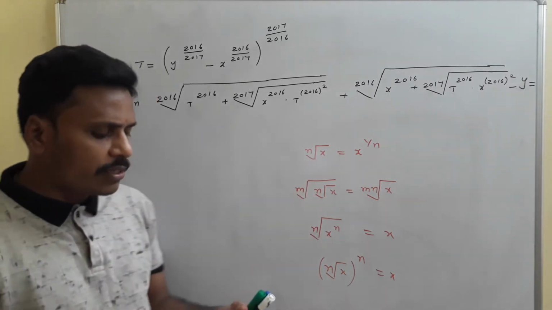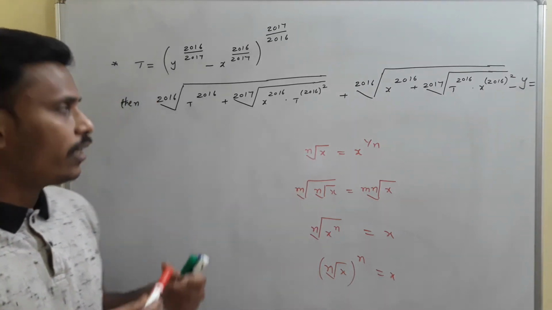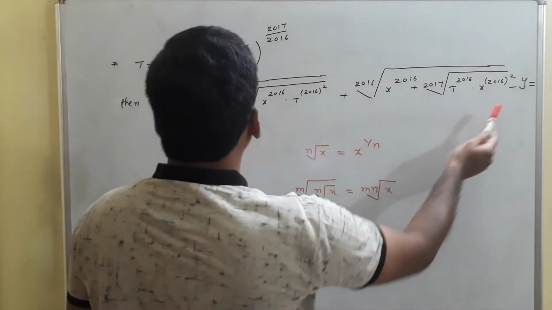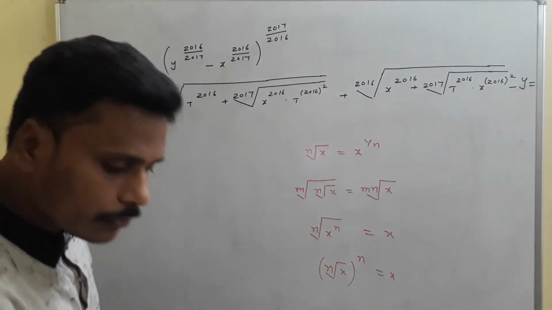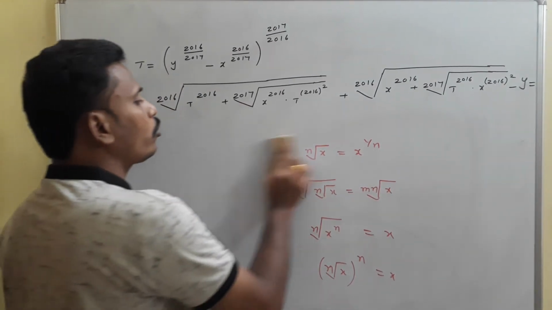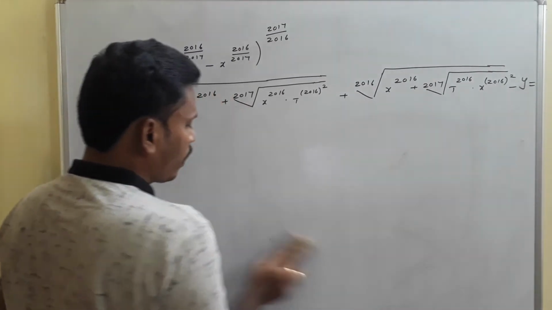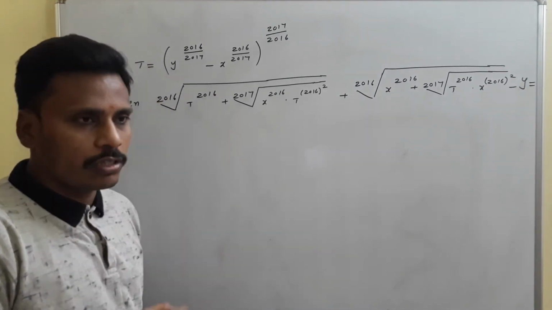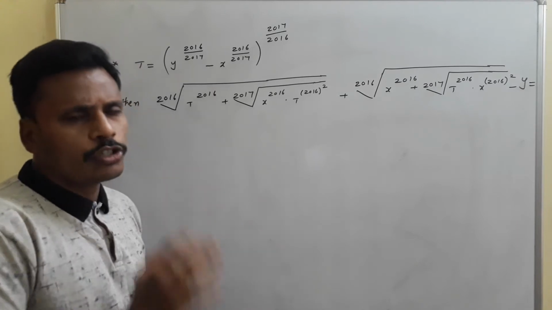And using this basic knowledge related to the nth roots and exponents, I am going to find out this particular value as t is given. Once you just try to read out the problem. Okay. See, the solution of this problem has a beautiful logic, but the solution is simple.